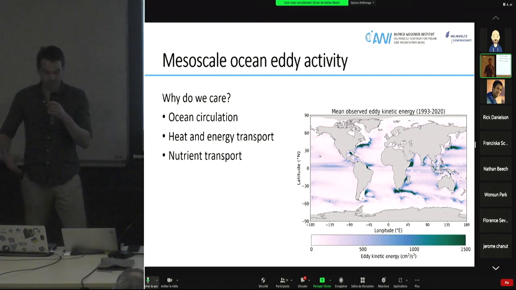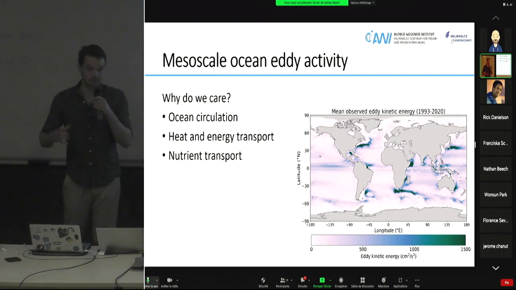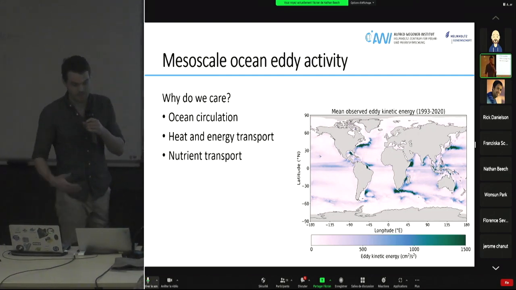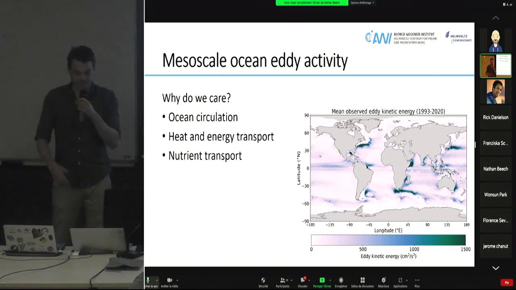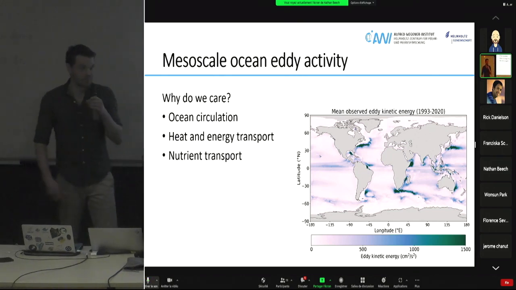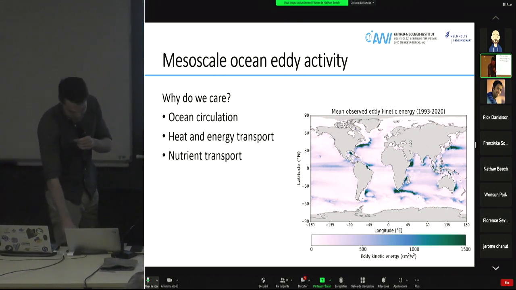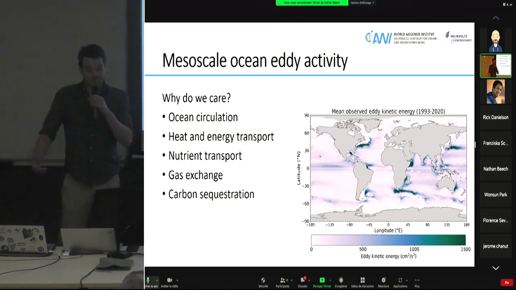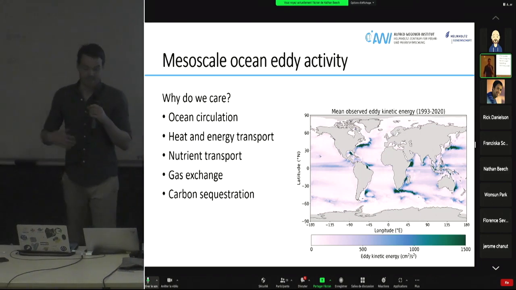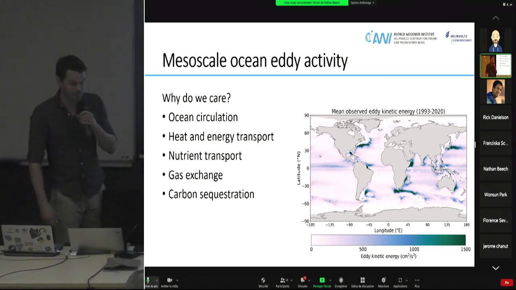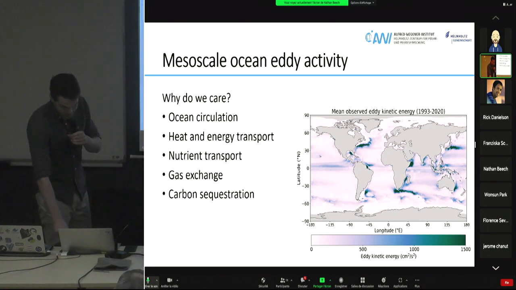Eddies also bring with them the conditions of the ocean where they were born to where they end up. For the physicists in the room, that means heat and energy transport, and for the biologists, that can mean nutrient transport as well. Eddies can facilitate gas exchange, which brings them into the important topic of climate change through carbon sequestration.